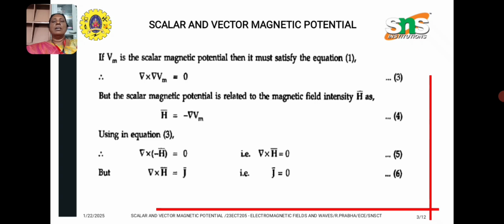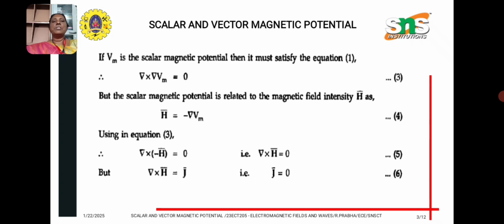Considering Vm is scalar magnetic potential, it must satisfy the previous equation del cross del Vm is equal to 0. But the scalar magnetic potential is related to the magnetic field intensity by the relation H vector is equal to minus del Vm. By using this equation 3, we can replace del Vm by minus H, the negative of magnetic field intensity.